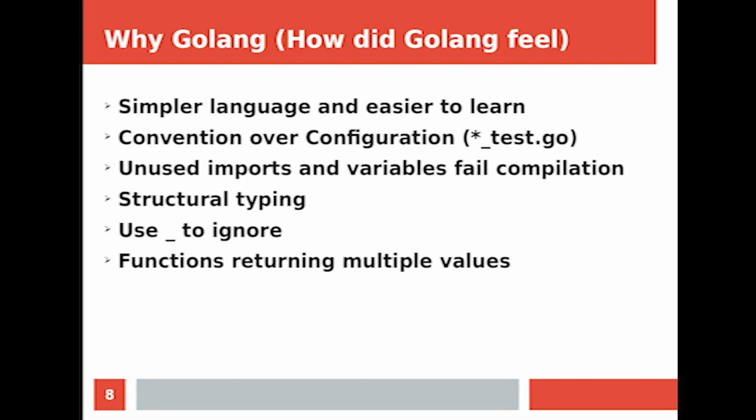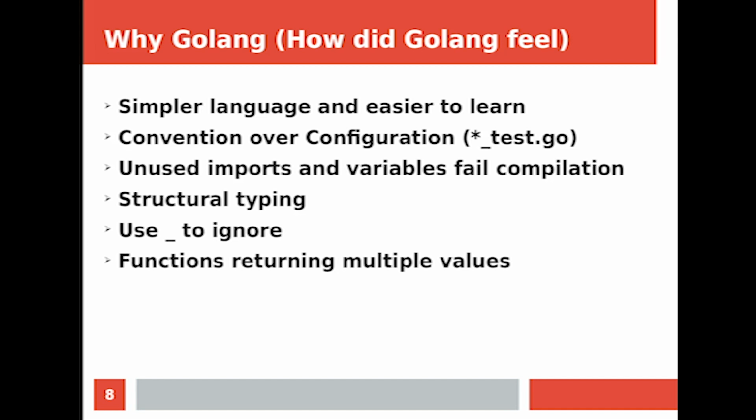And there are developers who don't really appreciate the value or the cost of having these unused imports. Obviously, compilers are smart enough these days to handle situations like that. But Go compilation would fail in a scenario like that. We found it to be useful.